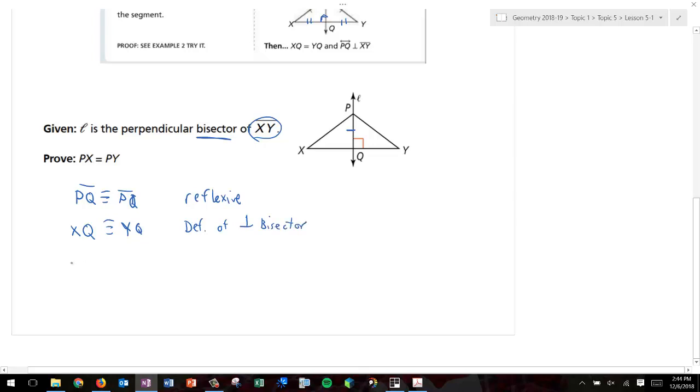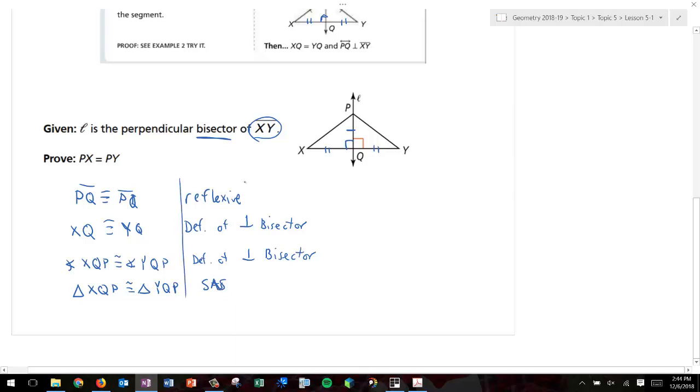And we know that angle XQP, this angle here, is congruent to angle YQP by the same reason, definition of a perpendicular bisector. So once I have those pieces of information all set up, I can say that triangle XQP is congruent to triangle YQP by side angle side.